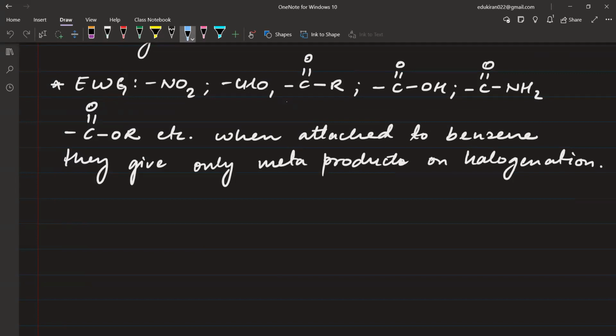Right, in hydrocarbons, we have the third method, from alkenes.